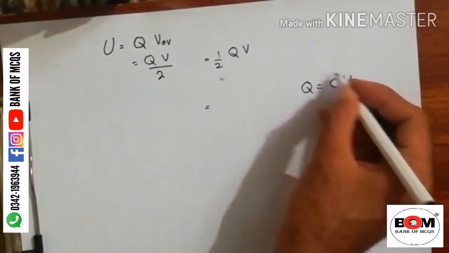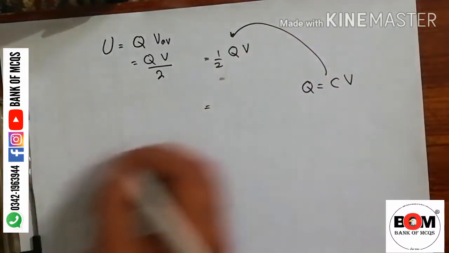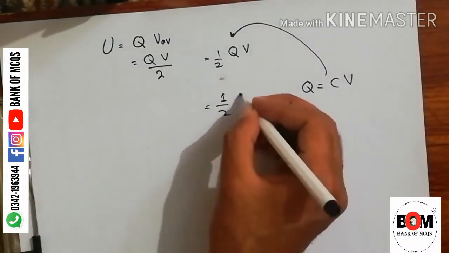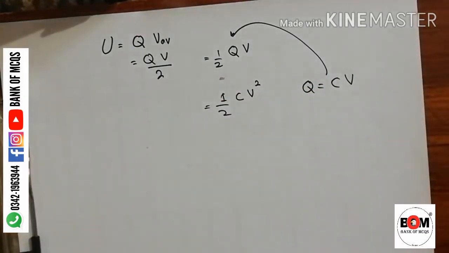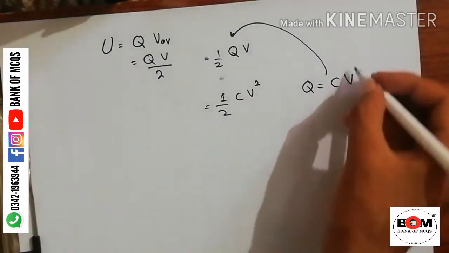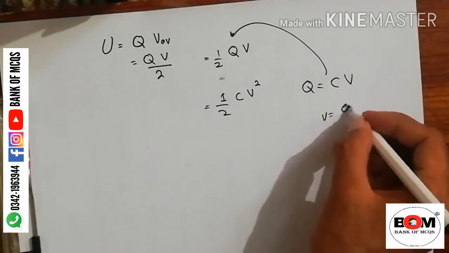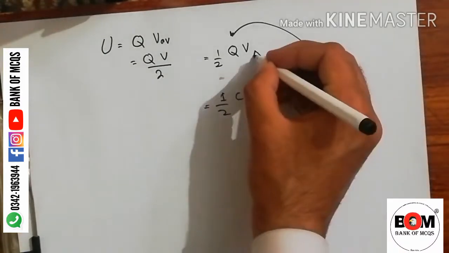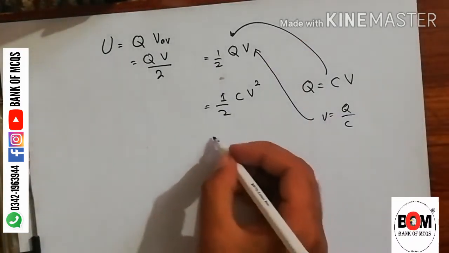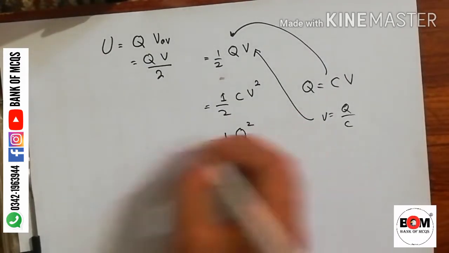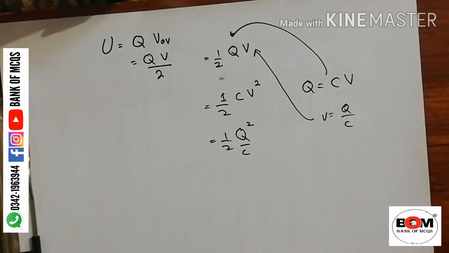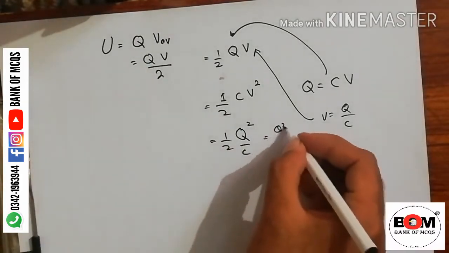Now we also know that Q is equal to CV. So putting CV instead of Q, we will get half CV into V, so we will get half CV square. Also we can write V is equal to Q by C. So putting this in, we will get half Q into Q by C, so we will get half Q square by C, that is Q square by 2C.